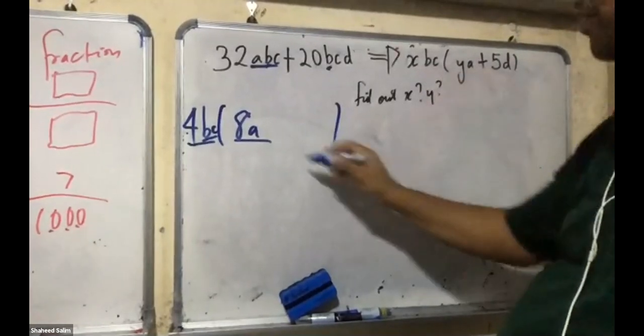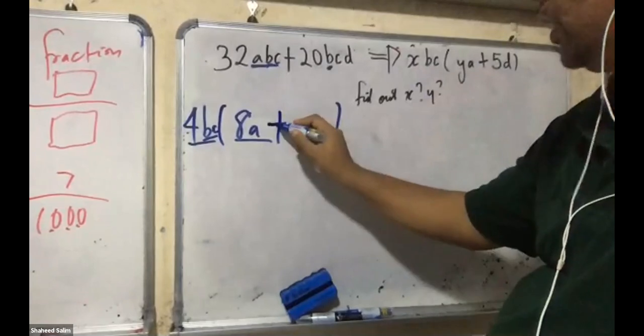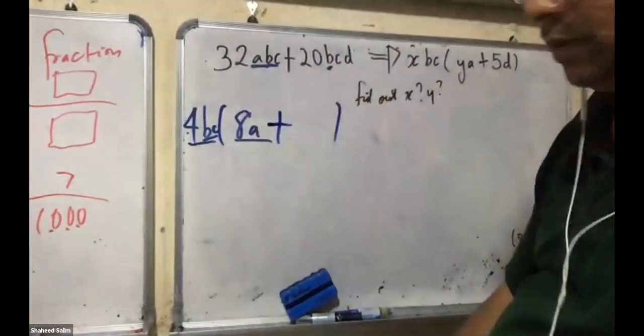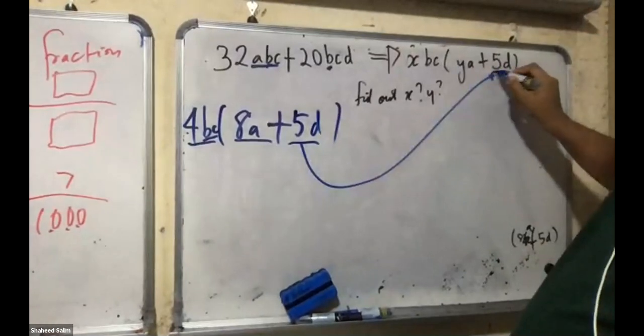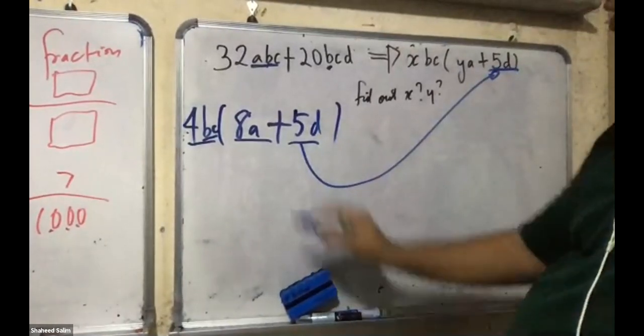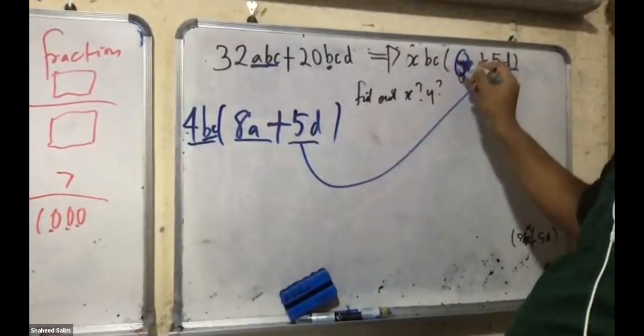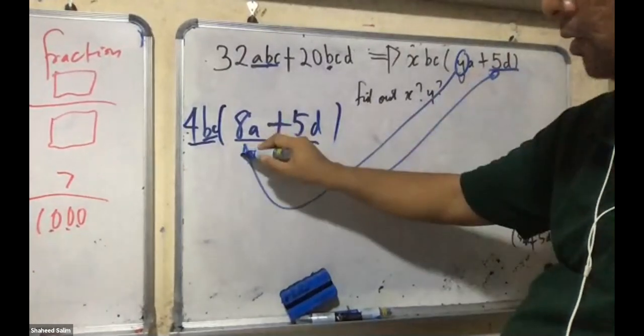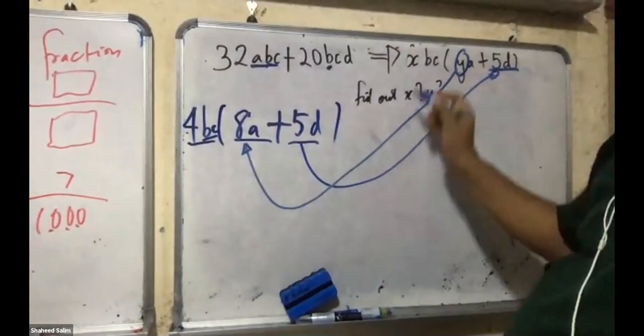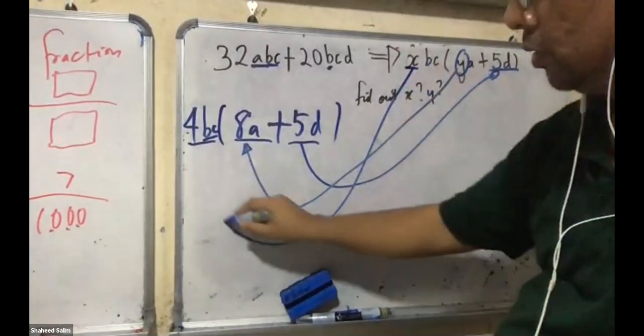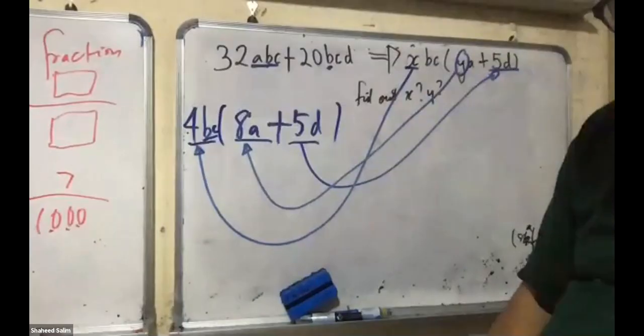You already found the answer, but then we continue down here. Now 4 times what equals 20? 5. 5D, good. Can you see 5D, same as 5D? So y is equal to what? 8, right? And then x is equal to? 4. Do you understand? You get it?